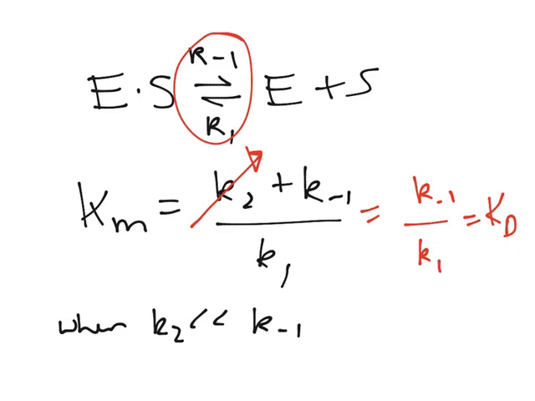So under these conditions, Km really does become the Kd. However, we talk about it as a Kd knowing that it's still a function with this other rate constant included in it. That's why we call it an apparent Kd. But we can use Km then to talk about substrate affinity.